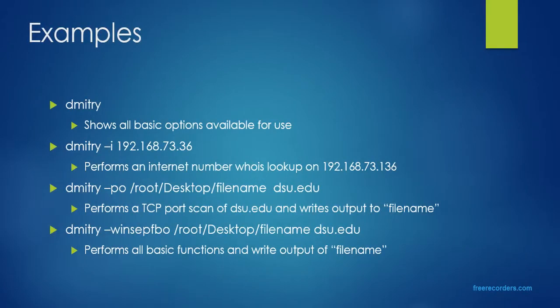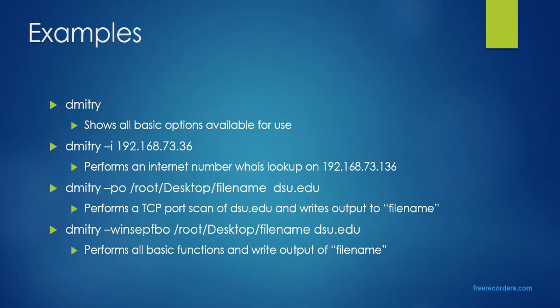If we were to do the -o tag on Dmitry, that would be followed by the output route, which we have listed here: root, desktop, file name, whatever you would name that. That's going to do a port scan and write the output of that port scan of dsu.edu into our document, which is pretty handy.